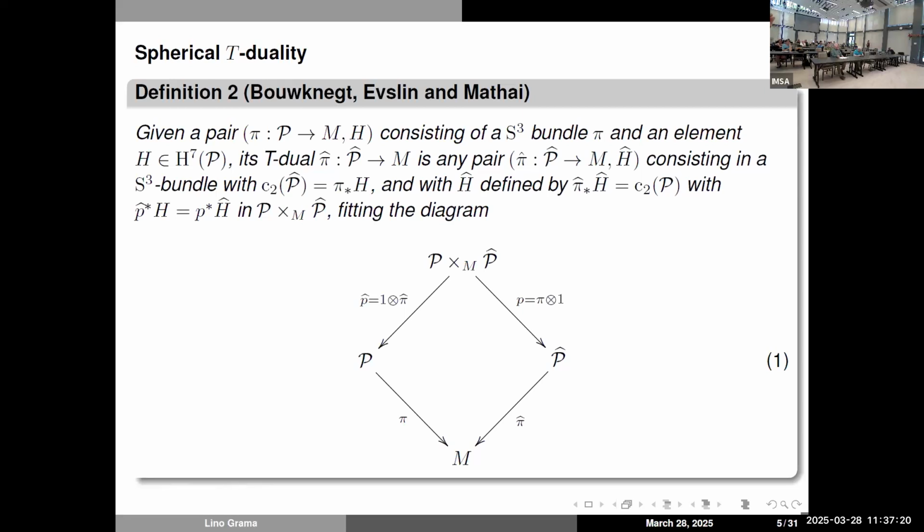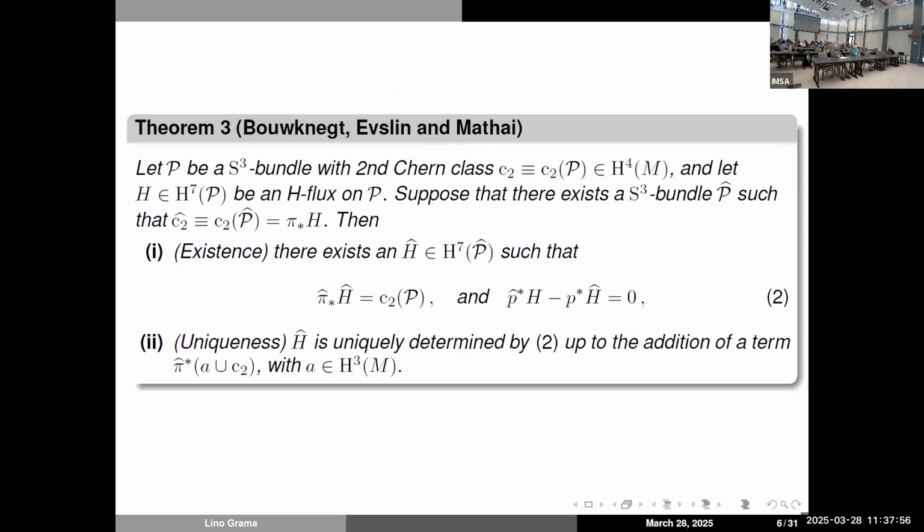Namely, the second Chern class of P hat will be the push forward of the seventh homology class, and the homology class H hat is given by the second Chern class of the initial bundle. We are interchanging this topological data, fitting this square diagram like this. And also, in the same order, the existence of this spherical dual is guaranteed.